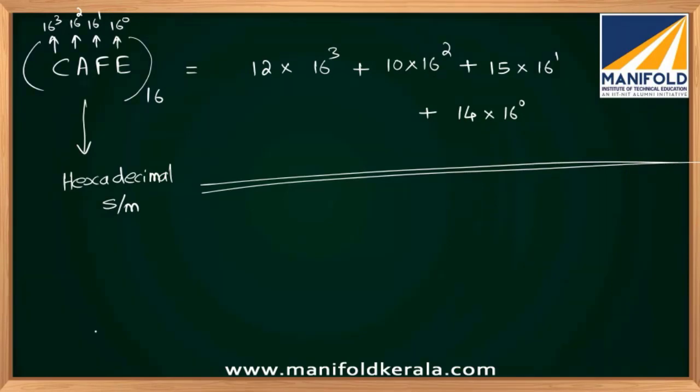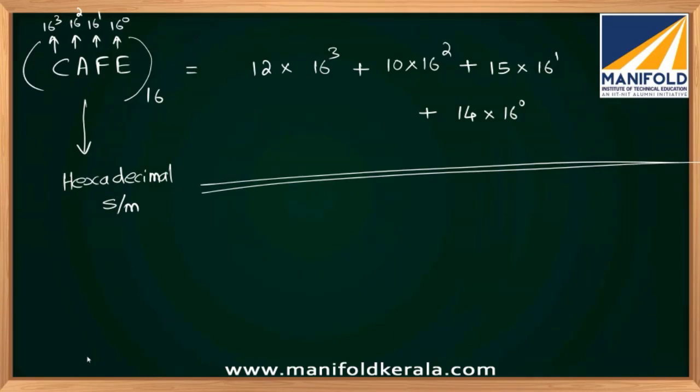So let's move on to the next point. Now we have seen the conversion from any base number system to decimal number system. How to do the reverse operation? Suppose we are given a number in decimal and we want to represent that number in some other base, say base 8, an octal system.